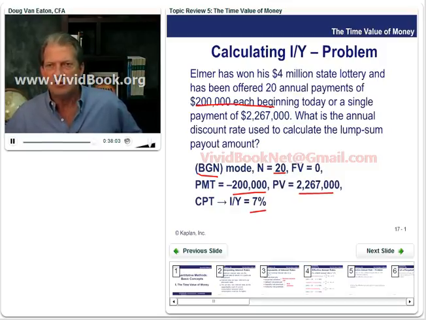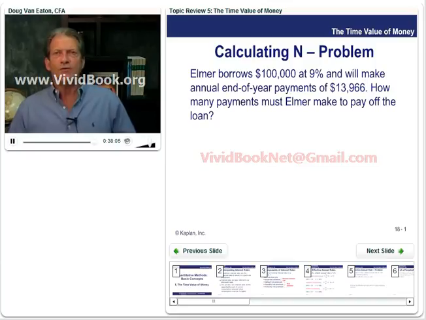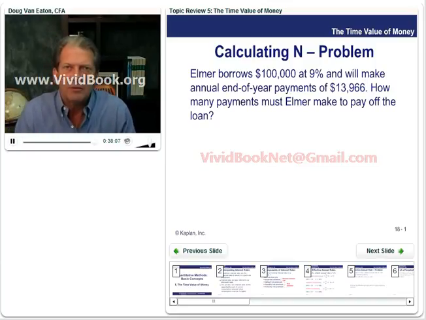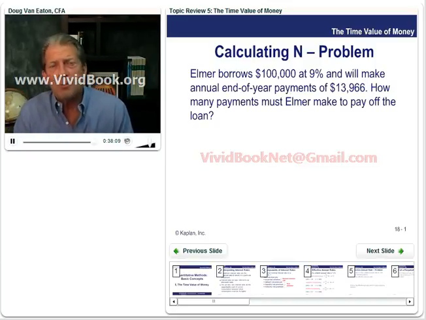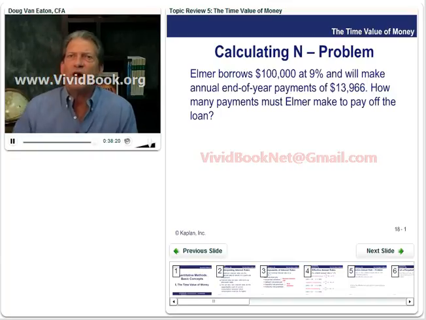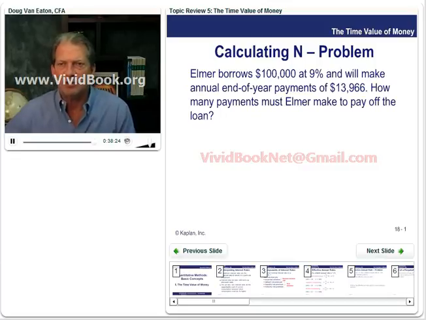And so our last trick, we could solve for N, the other one of those. So Elmer borrows $100,000 at 9% and will make annual end-of-year payments of $13,966. How many payments must he make to pay off the loan? Well, it's a little bit of a contrived problem, there's no doubt about that, but we're going to solve for N.